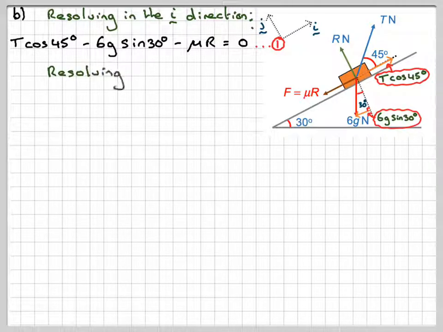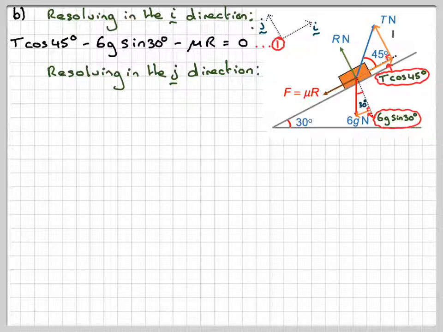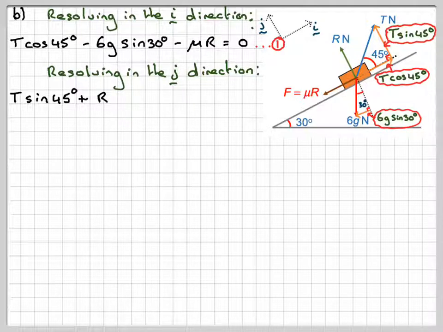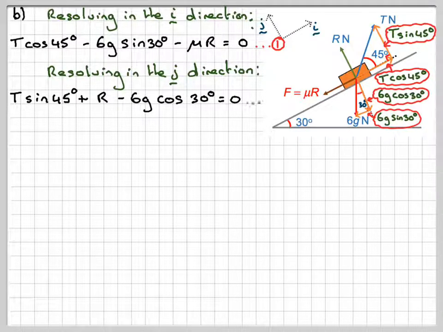Now if we resolve perpendicular to the slope, in the j direction, we've got an extra component here, which will be T sine 45. So T sine 45 plus the reaction of the block with the slope, minus the weight component acting in the opposite direction of 6g cos 30, and that's equal to 0.